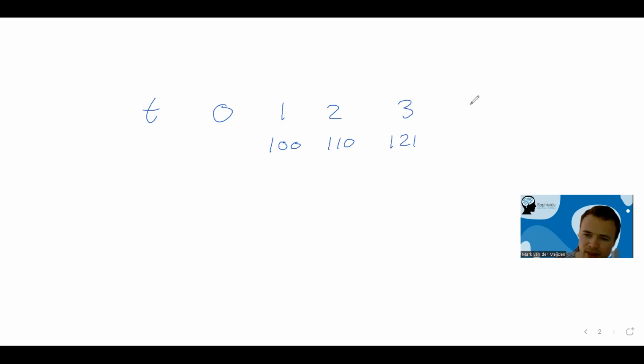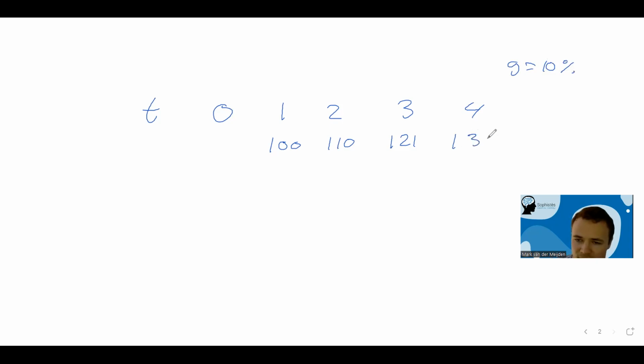Second situation. We get 100 euro at year 1, 110 euro in year 2, 121 in year 3. And then I hope you already see it. The G is 10%, so we now have a growth rate.